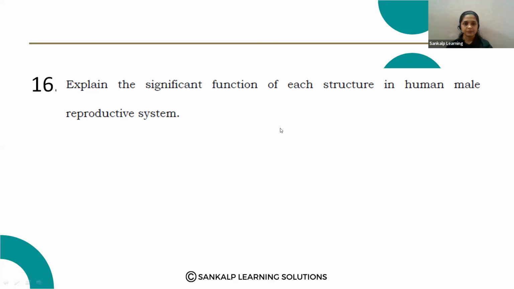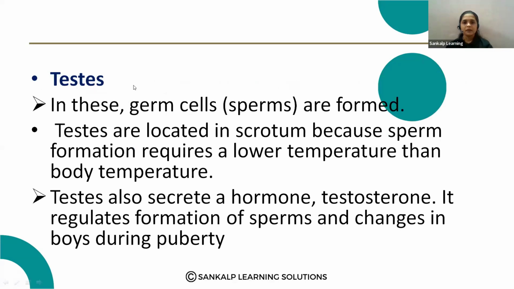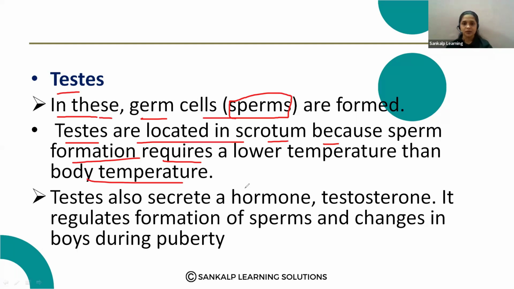Next question. Here you should explain each and every structure in the male reproductive system. Testes. In the testes, germ cells, that means sperms, are formed. Testes are located inside the scrotum because sperm formation requires a lower temperature than the body temperature, right?